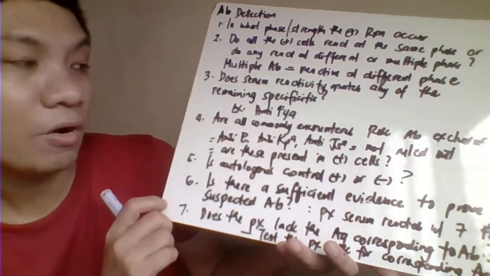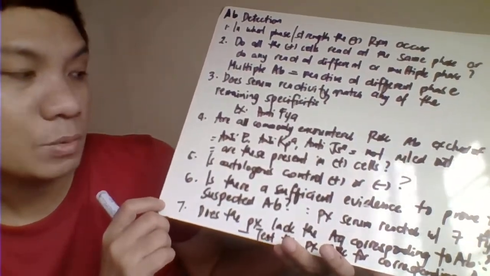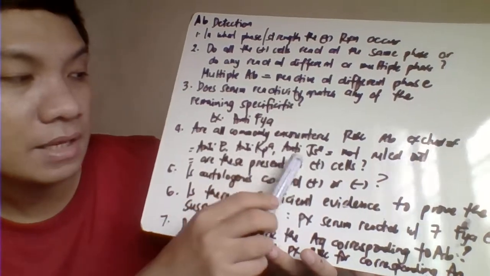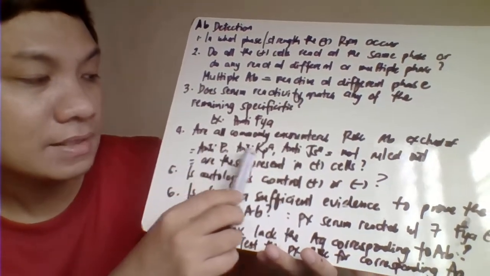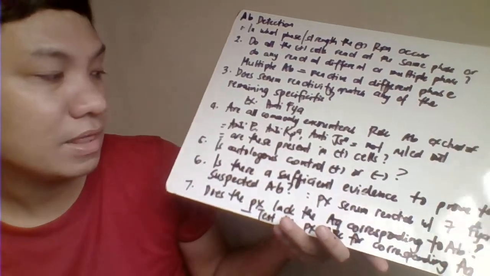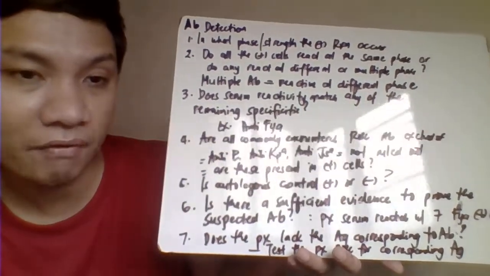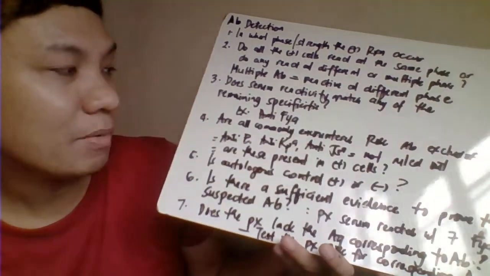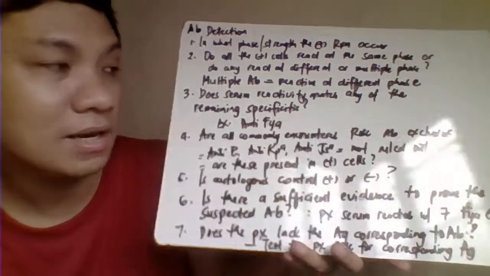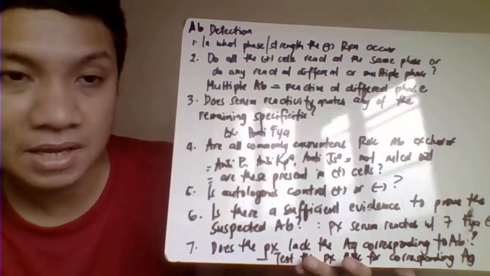Another one, are all commonly encountered RBC antibodies excluded? Anti-E, anti-KP, anti-JSA. Most likely kasi majority of the population for that are negative for that. Okay, so these are most likely commonly encountered na RBC antigens.